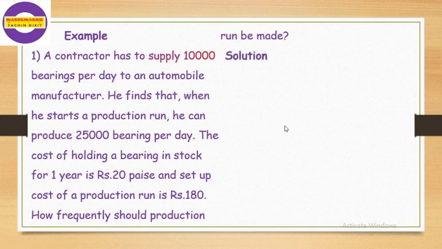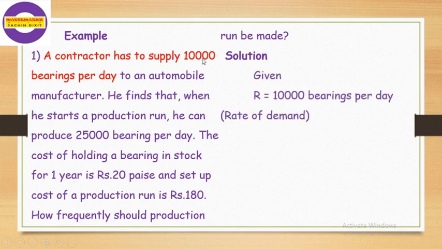Solution. Point out the terms in this problem. A contractor has to supply 10,000 bearings per day, which means there is a demand. This statement gives the demand of the bearings, that is, rate of demand R is equal to 10,000 bearings per day. Also, he can produce 25,000 bearings per day.